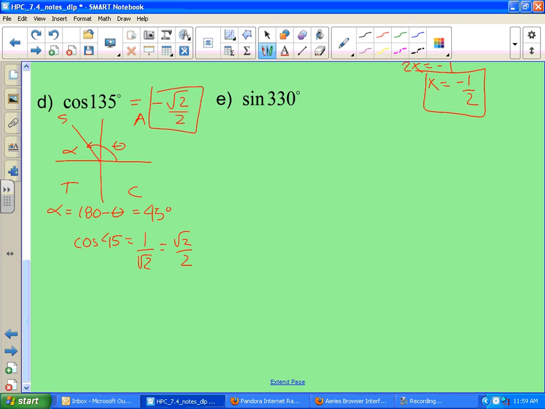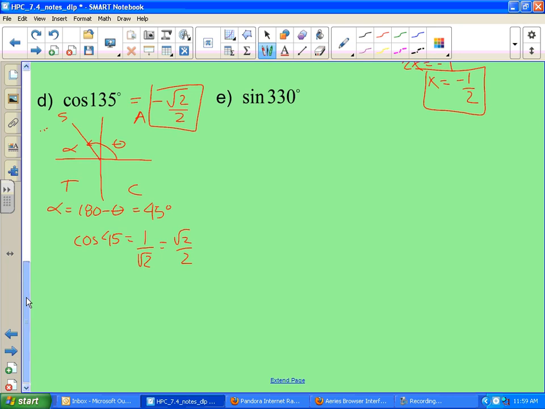You guys get that? Yep. Why is it negative? All Students Take Calculus. Quadrant 2, cosine negative. Okay, how'd you get from 1 over radical 2 to negative root 2 over 2? Okay, I didn't get to the negative root 2 over 2 yet.